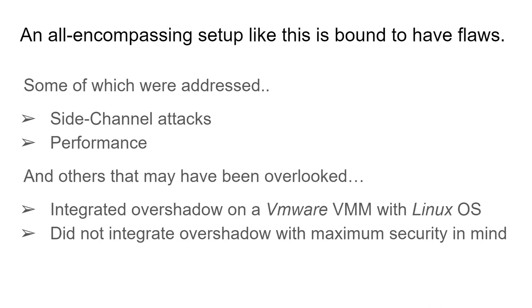And some other overlooked things that they did not mention is that since multi-shadow memory cloaking does not depend on specific features of the VMware hypervisor, it can also be realized in other virtualization platforms. They did claim this, however, they then go on to say that changes would be required to enable hardware assist for other architectures like x86, Intel VT, etc. And also, they did not integrate Overshadow with maximum security in mind in the example they used for their experiment in the paper.